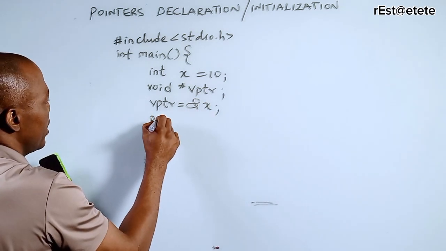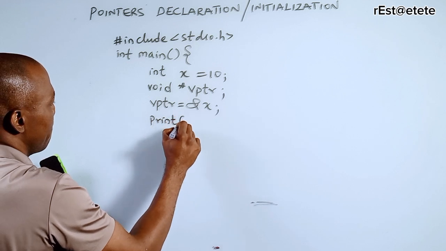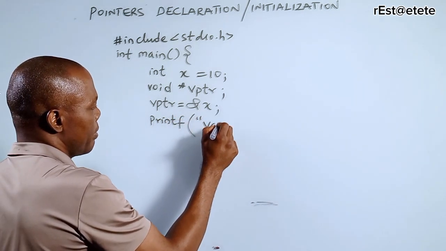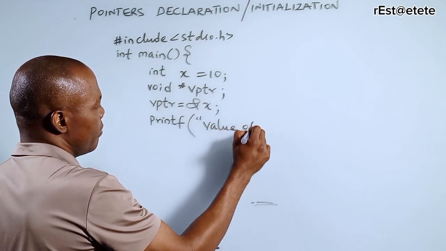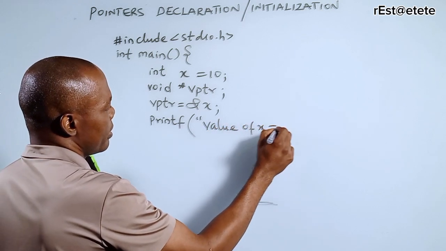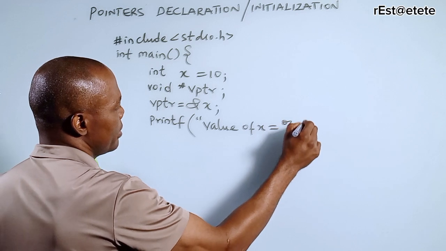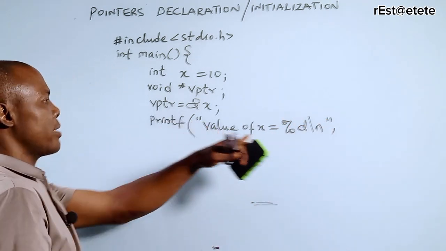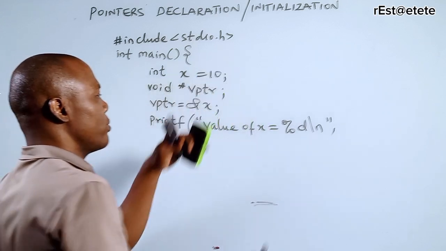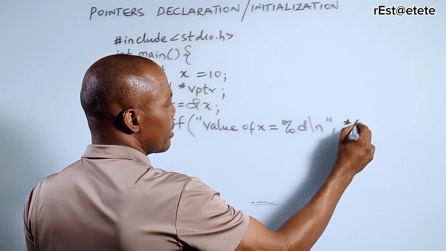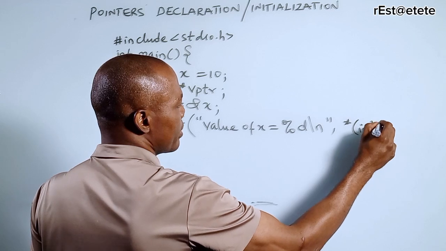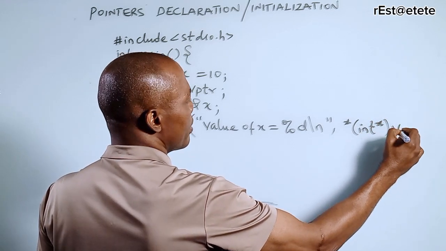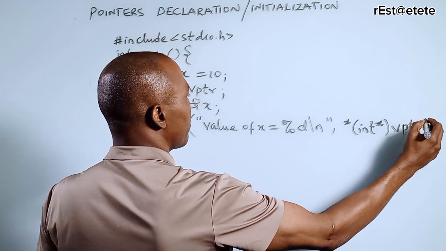Then I can say printf. Here I am going to say "value of x, %d\n". So now I'm going to typecast. In order for me to access this value, I'll typecast int*, then vptr.